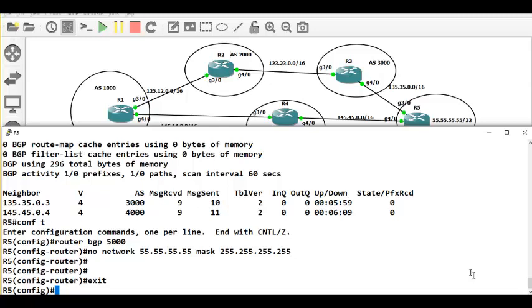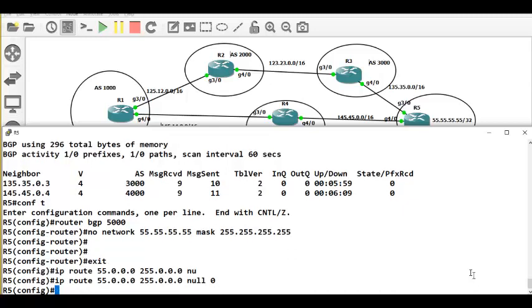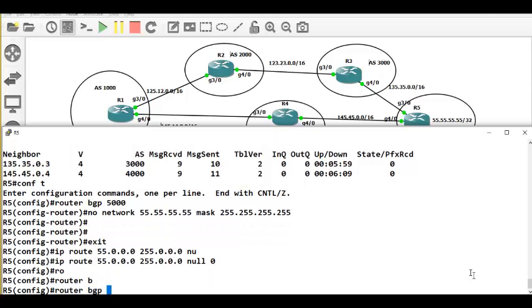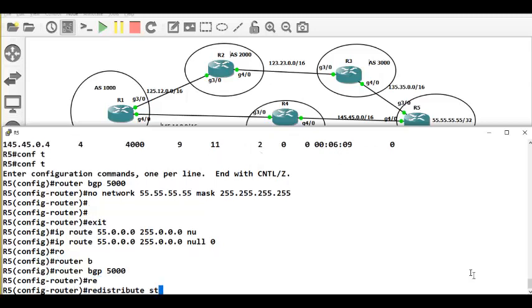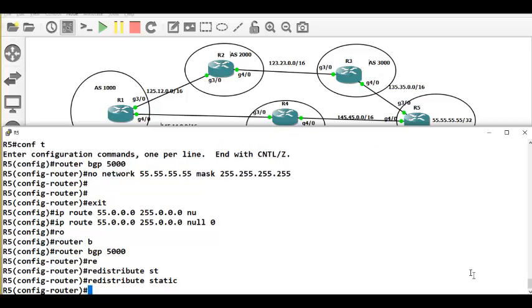I can write one static route, IP route 55, with any mask, pointing towards null 0. It's null 0, not any physical interface. And I'm going to say router BGP 5000, redistribute static. That's it. So the only static route that I have is for 55 network. This will get redistributed.